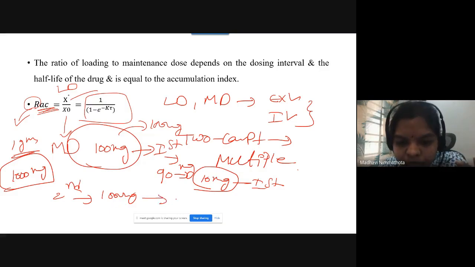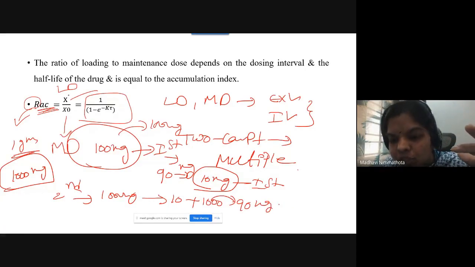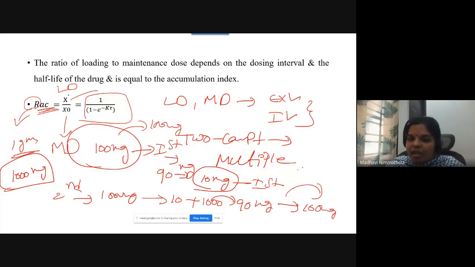Then from this 100 mg, again only 90 mg is absorbed. Then again you have 100 mg. So with that you can take n number of doses, up to the amount and timing interval at which you achieve your 1 gram. Then it is useful to produce a therapeutic effect.